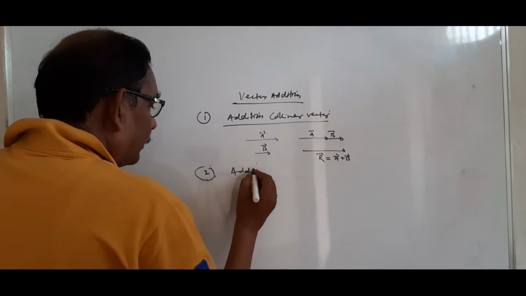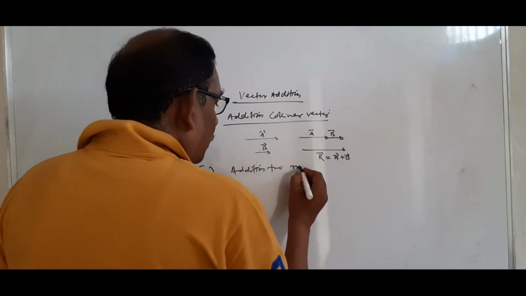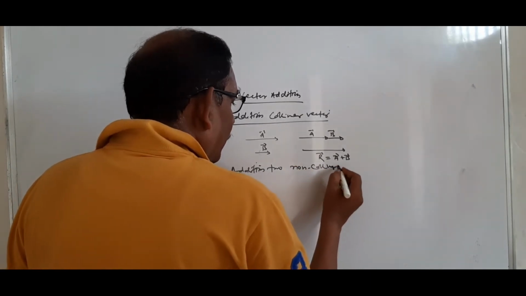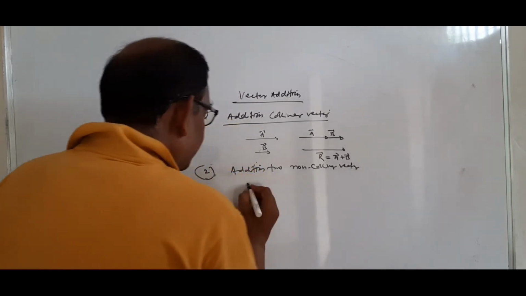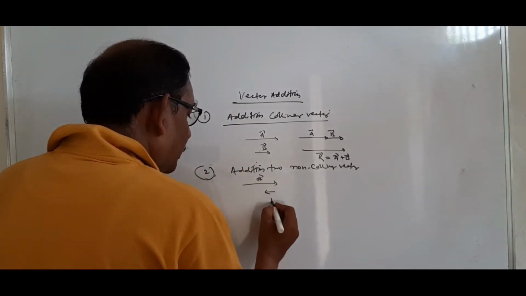Addition of two non-collinear vectors, vector A and vector B, suppose that.